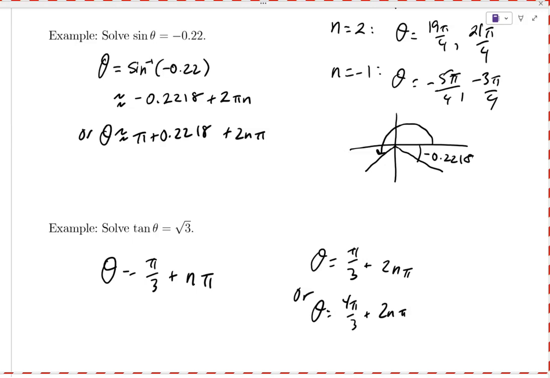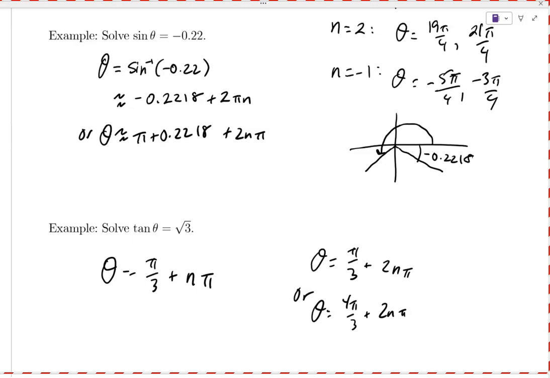Would it be positive 0.2218 because we're adding pi? Or when we're adding pi, would it be plus the negative 0.2218, or just the positive because it's positive? Okay, so notice I have to do pi plus a little bit, so I better be adding something to it. That was why I said, in terms of angles, they have the same size.